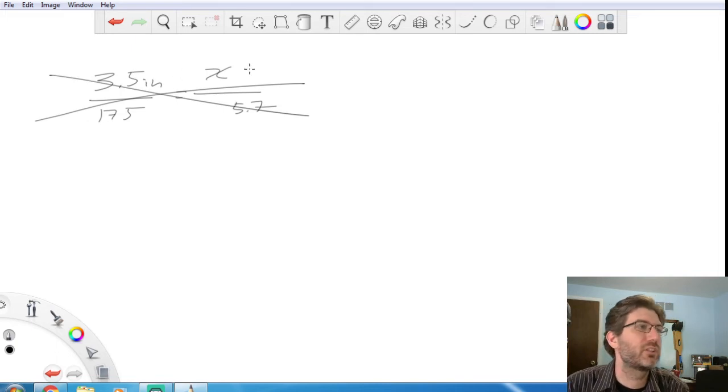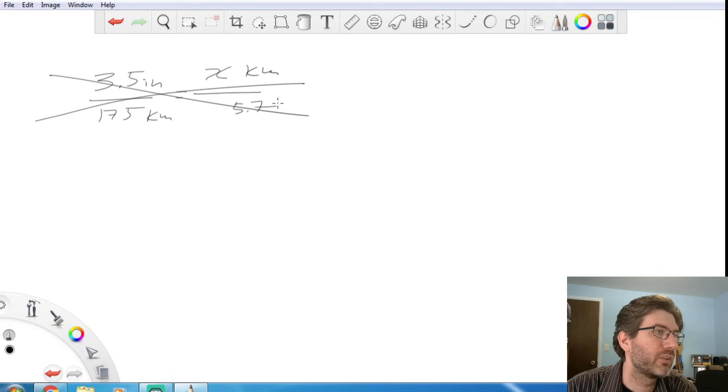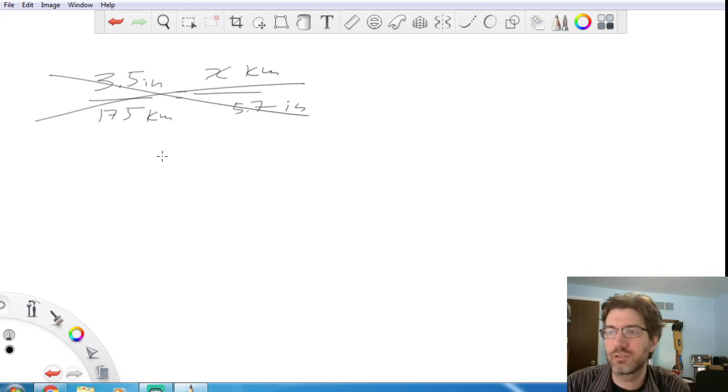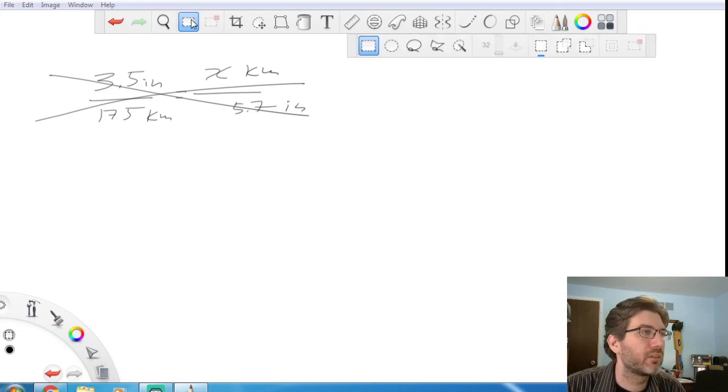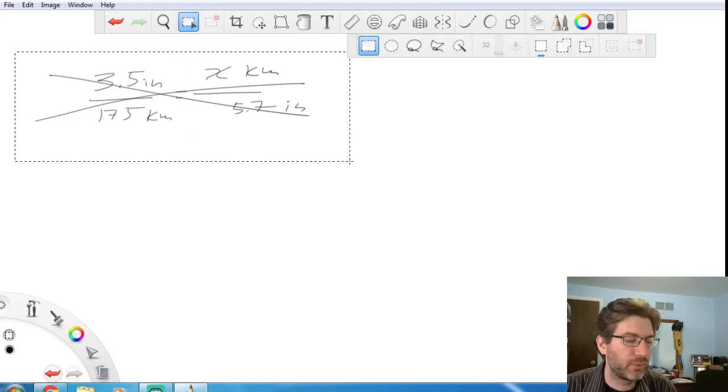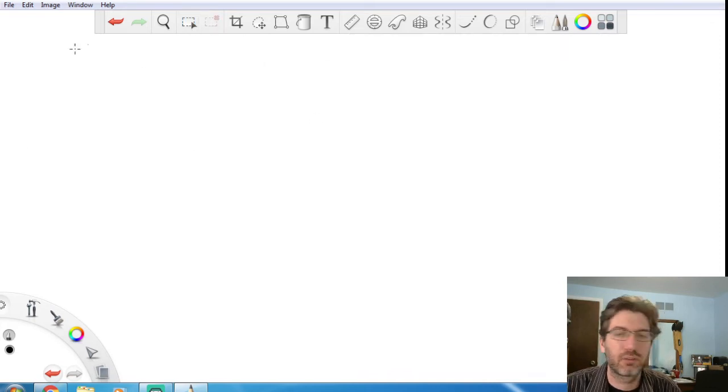Just because this is inches, this will be kilometers, this will be kilometers, and this will be inches. You see how nothing really lines up? You end up multiplying kilometers by kilometers and inches by inches. And that's not what you want. So just pay attention to the context of things.